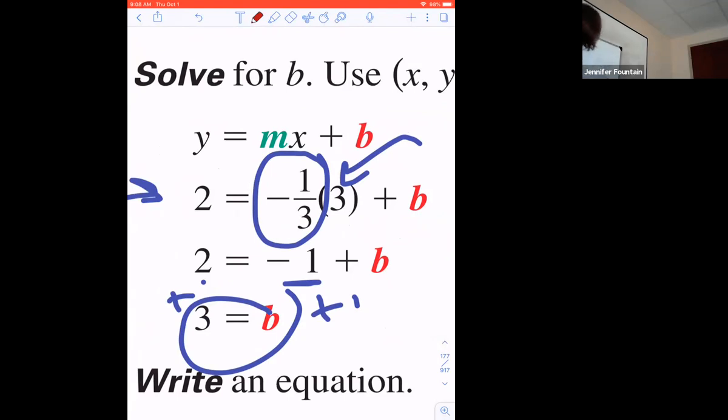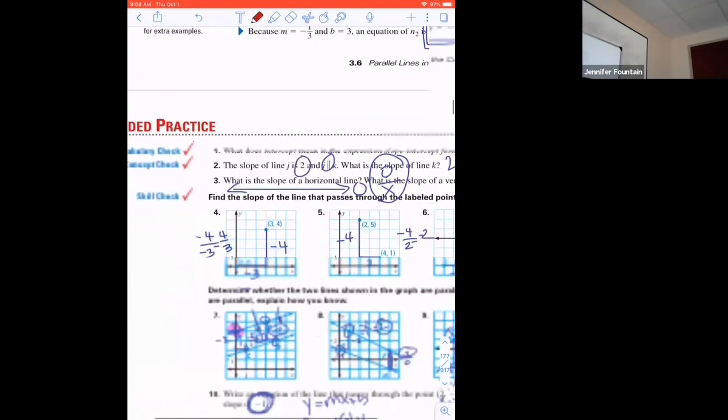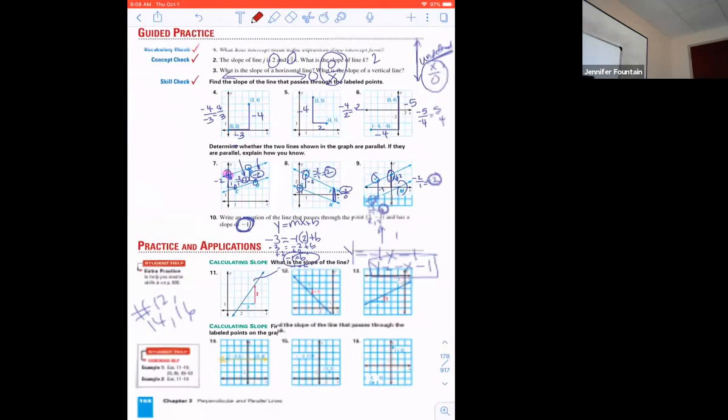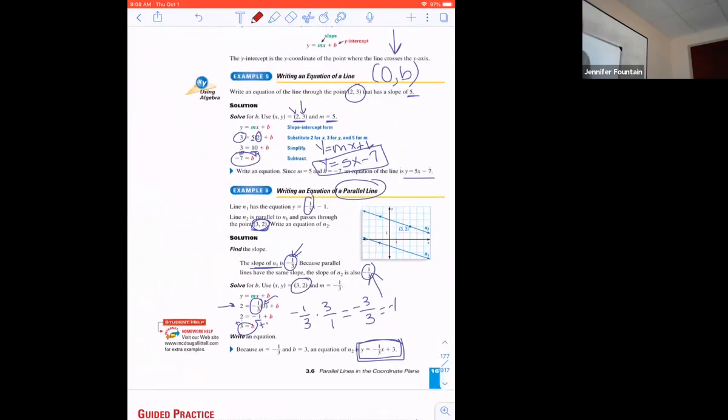Once I have the value of b, then I can use my slope and this value that I solved for to write my new equation. Okay. And so they just had us do parallel lines. We did not have to do perpendicular, right?